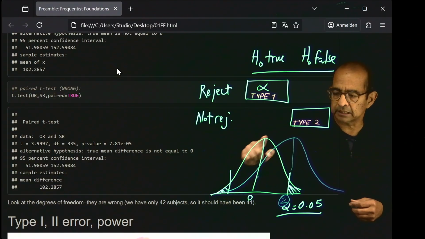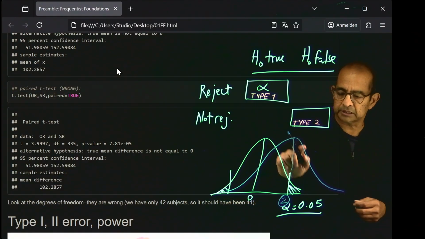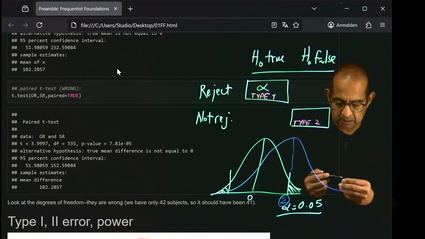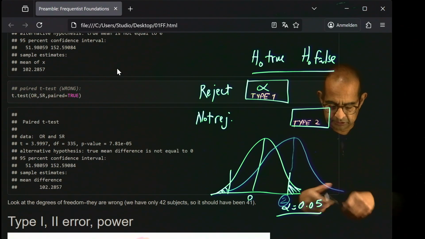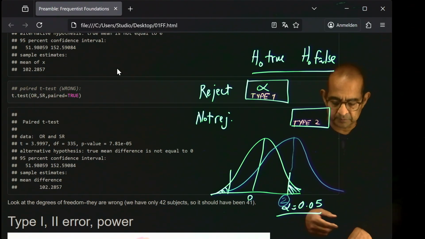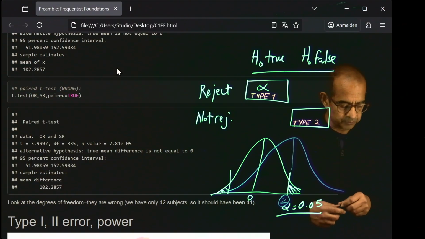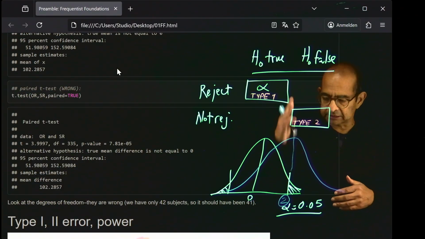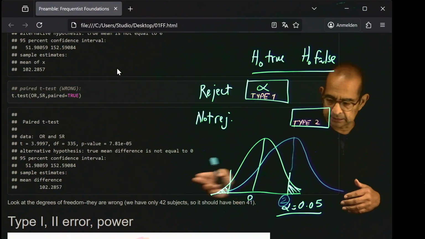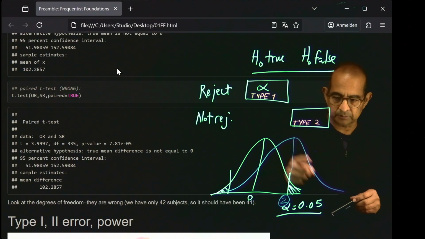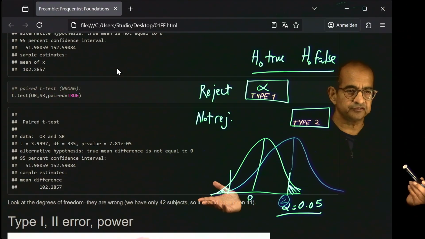This distribution here represents the null hypothesis distribution, and this distribution here represents the true distribution for a particular value of the parameter. We could imagine a situation where the true distribution is centered on 2 in the t distribution and not on 0. So in the blue distribution, the null is clearly false.